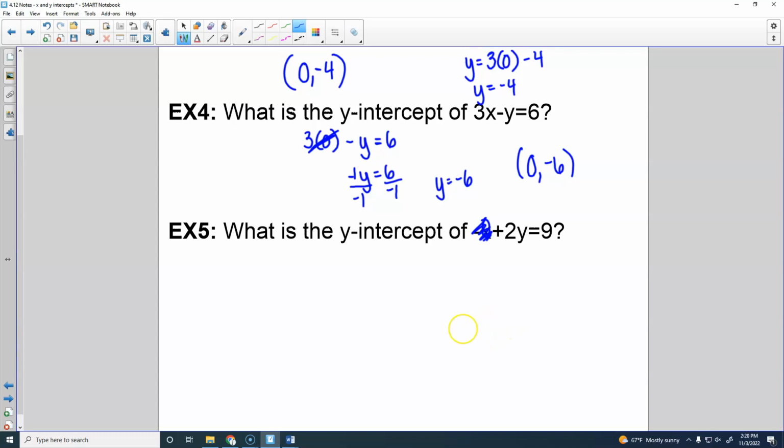What do I do to solve that? Divide by 2. y equals 9/2. Probably write that as 0, 9/2, or 0, 4.5. You said 9/2 or what? 4.5. Yeah.